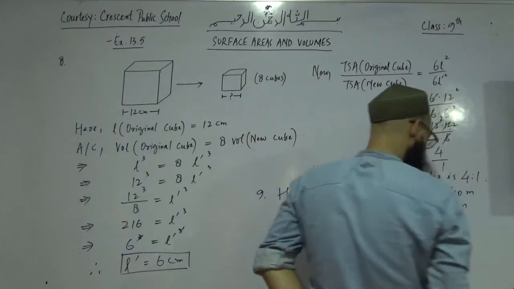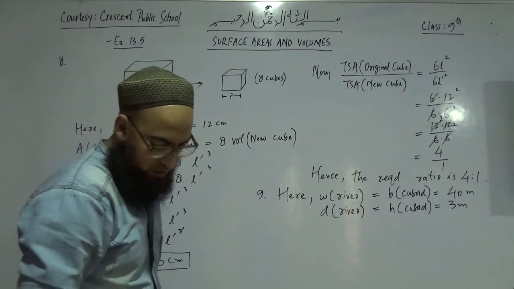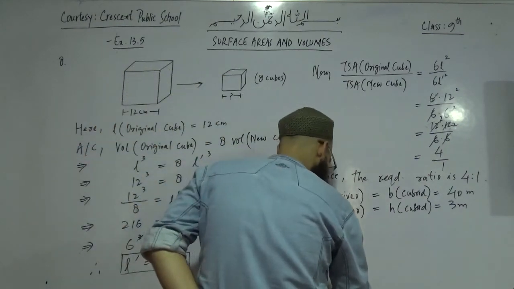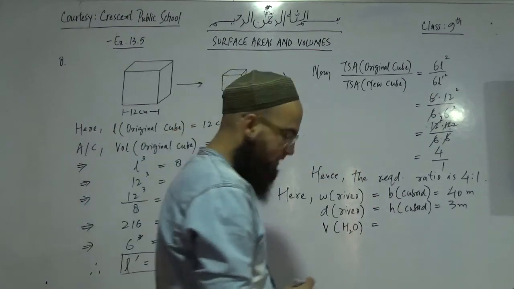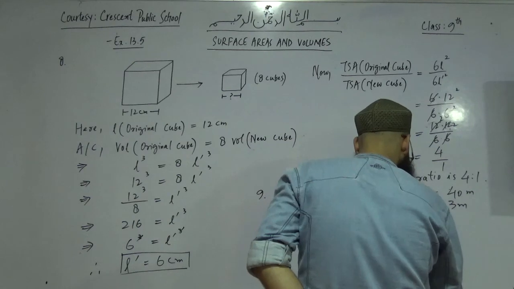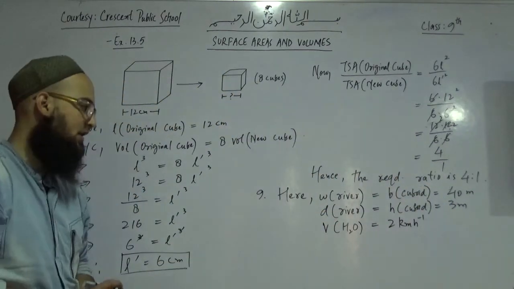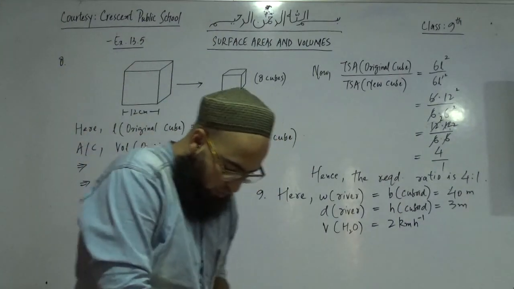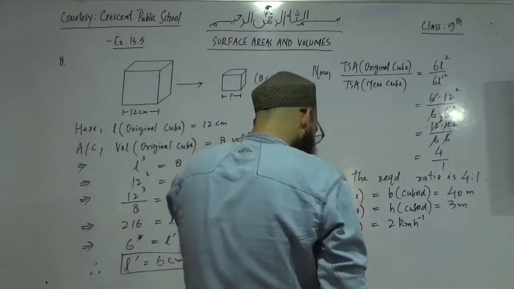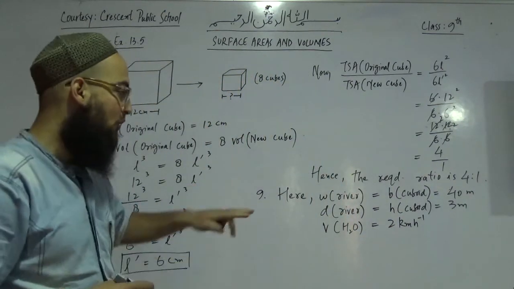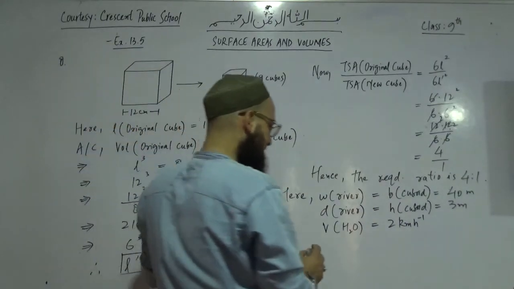Now water is flowing at a speed of 2 km per hour. This is the speed of water. How much water will fall into the sea in a minute? That means you need to find the volume of water for a minute.